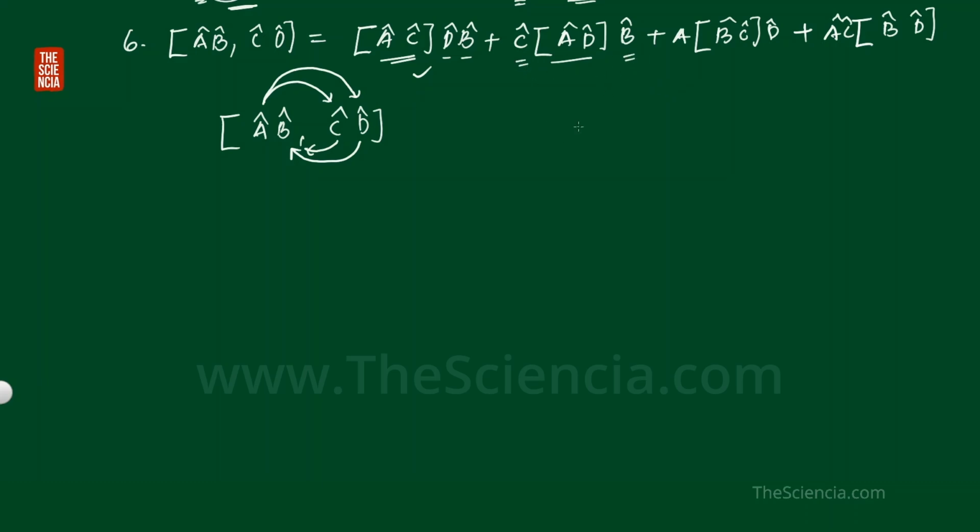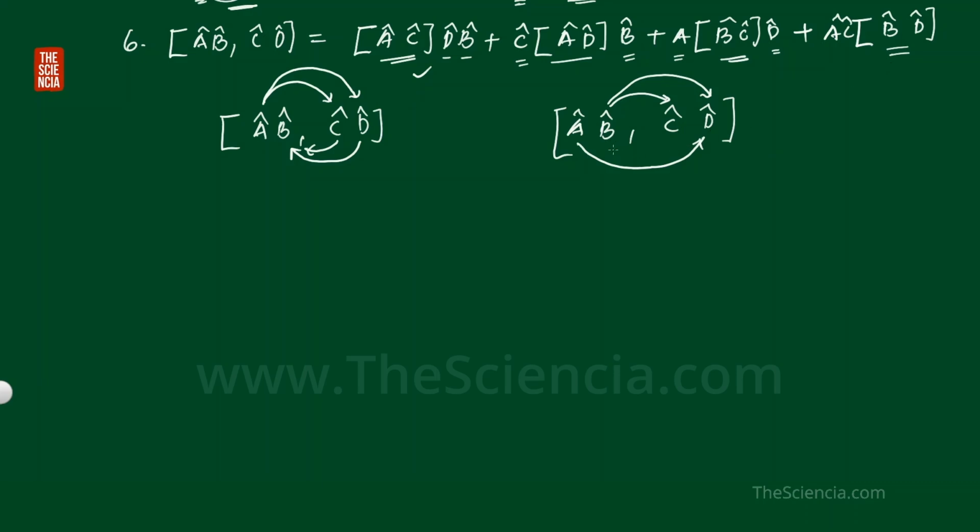Now another combination, AB, CD. Now we are making a combination with B and C, and the remaining term is A and D. That is BC, and the remaining terms are in the order of A, D. Now another combination is with B and D, that is this one.